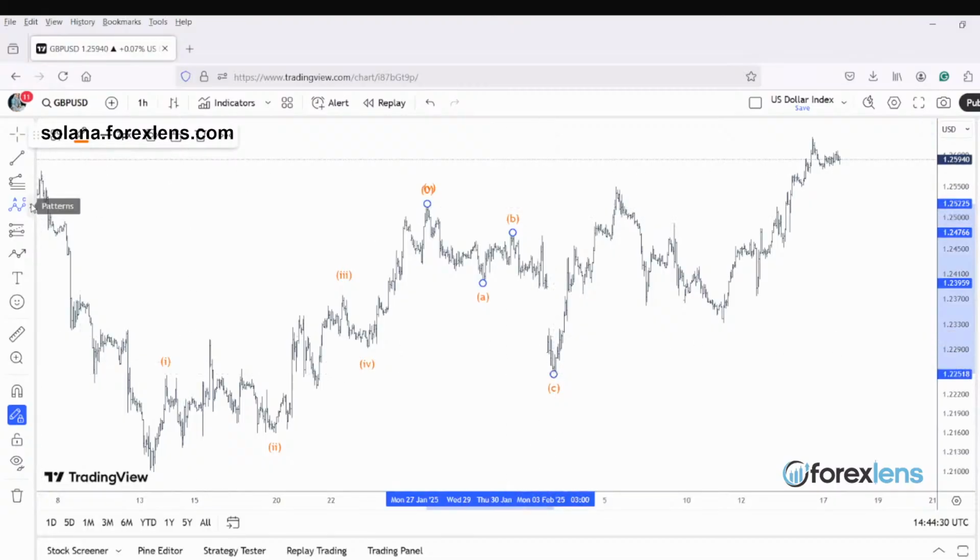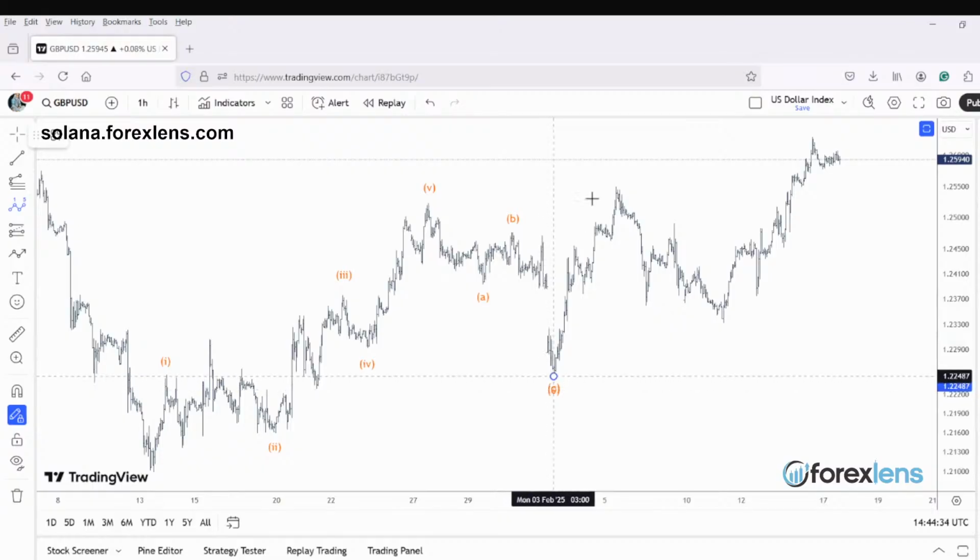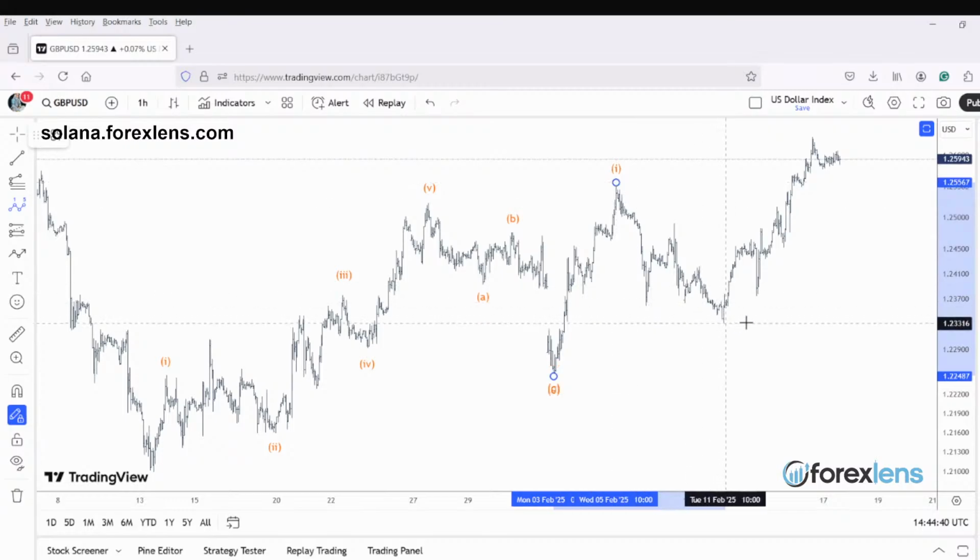All right, and again on the right hand side, it is wave one and two. Remember, we bought that particular signal with a diverging scenario, and we are now looking towards wave three, four, and five.